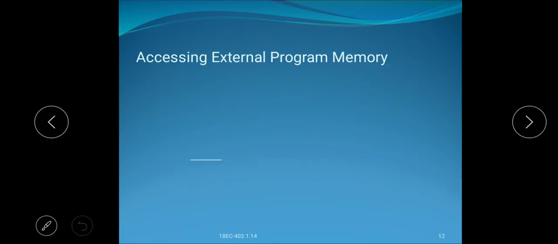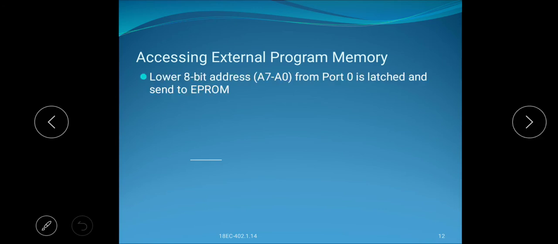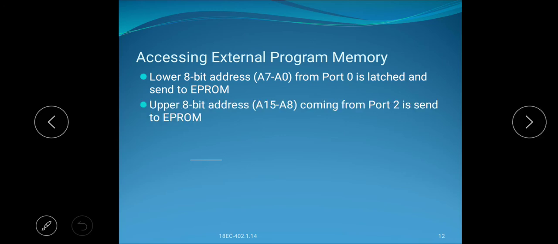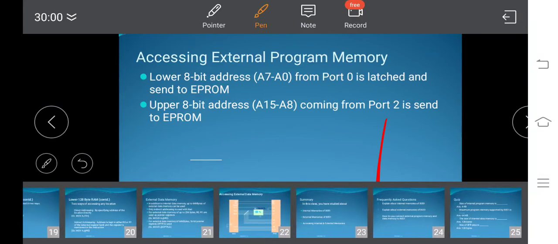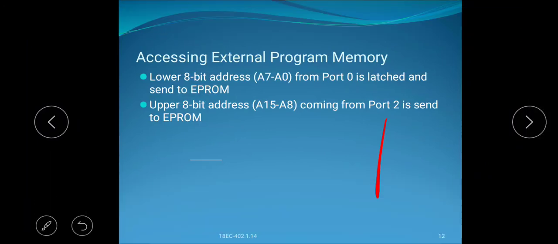Accessing external program memory. The lower 8-bit address, that is A7 to A0, from port 0 is latched and sent to the EEPROM. The upper 8-bit address, that is A15 to A8, coming from port 2 is also sent to the EEPROM.